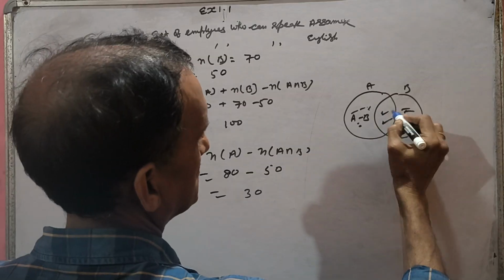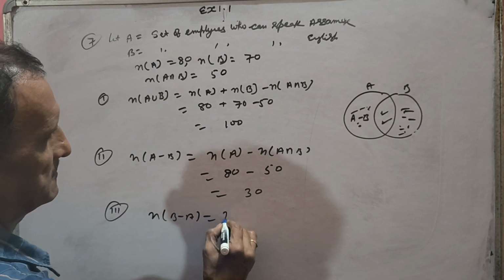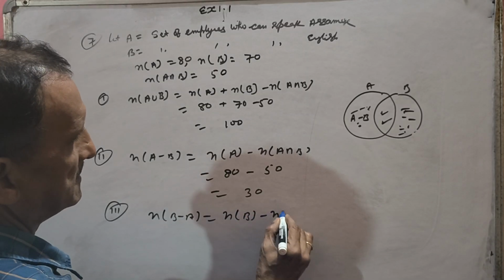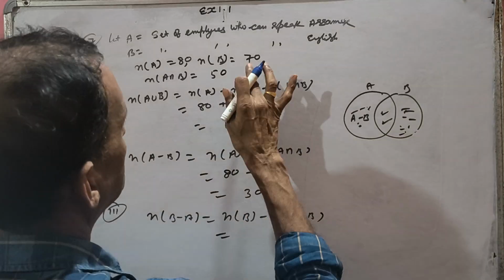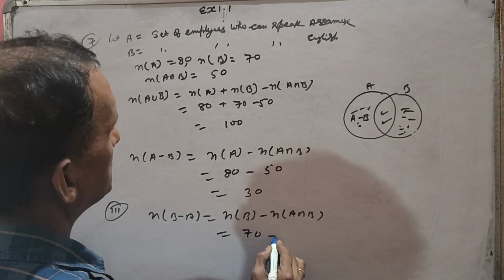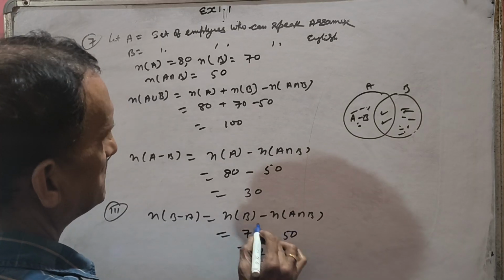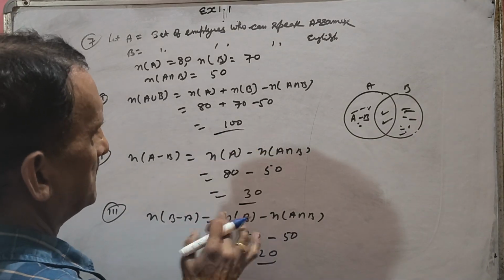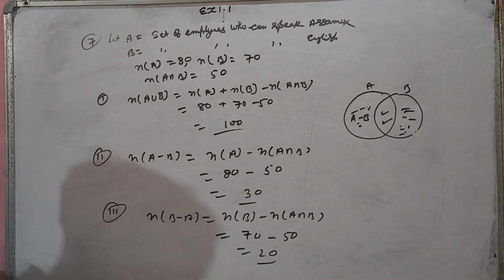So this minus this: n(B minus A) is n(B) minus n(A intersection B). n(B) is given 70, intersection is 50, equal to 20. So this and this are the total number of employees, only Assamese and only English. Okay, this is number 7. Now number 8.